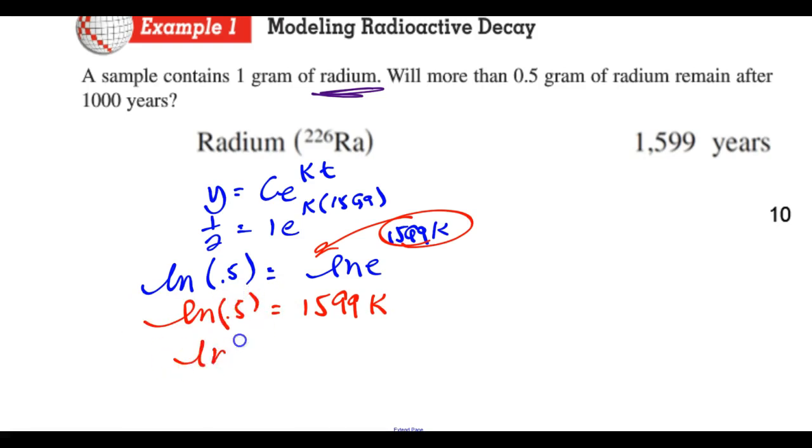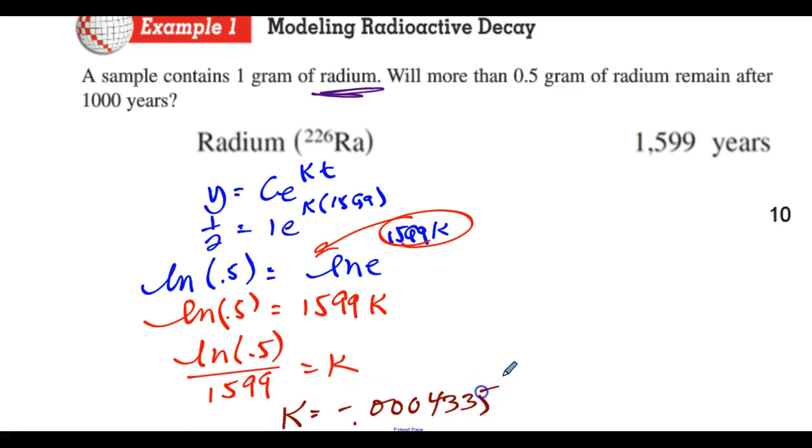So let's go solve for the rate by taking our calculators and finding k, which is the rate. And k turns out to be somewhere close to negative 0.00043335.